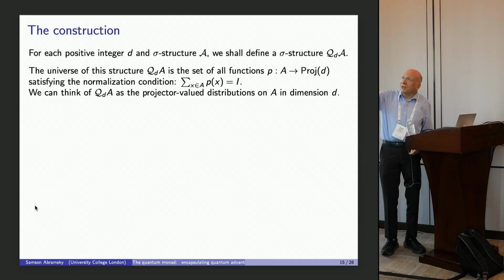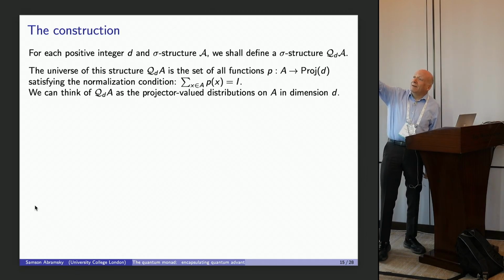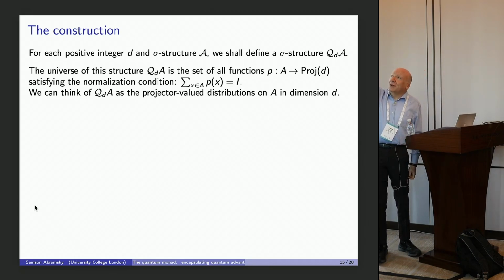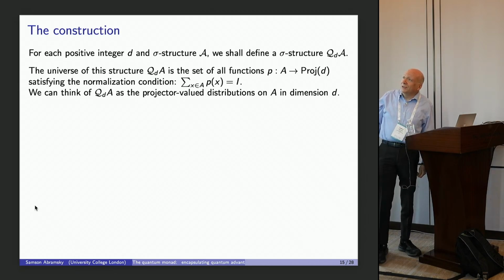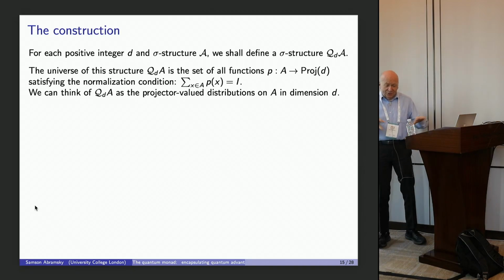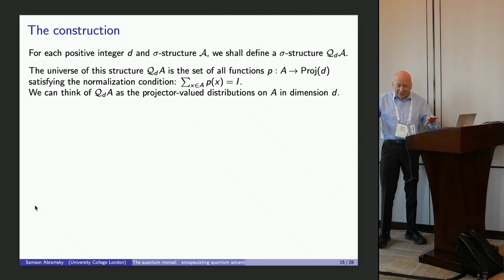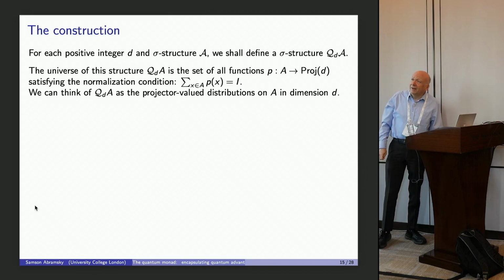So the universe is going to be the set of all functions from the old set into projectors on the d-dimensional Hilbert space, which satisfy this normalization condition. So it's really like a distribution or projection valued measure on the structure.